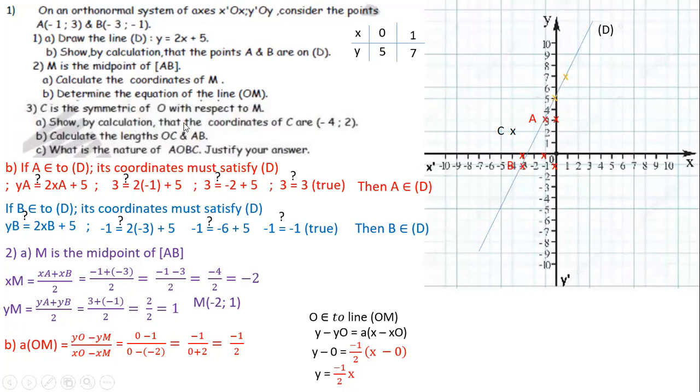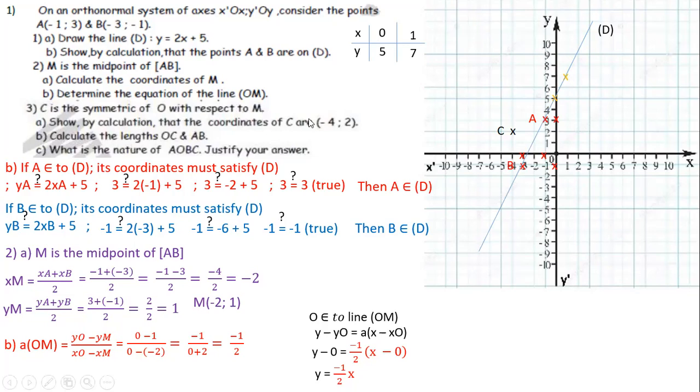Show by calculation that the coordinates of C are minus 4, 2. Okay, we know the coordinates of M, right? Yes. We know the coordinates of O. Yes, 0, 0. We don't know the coordinates of C, we should find them.